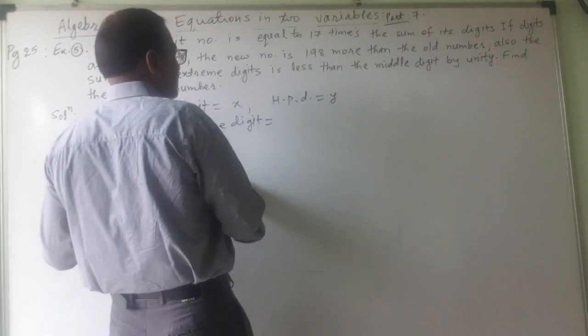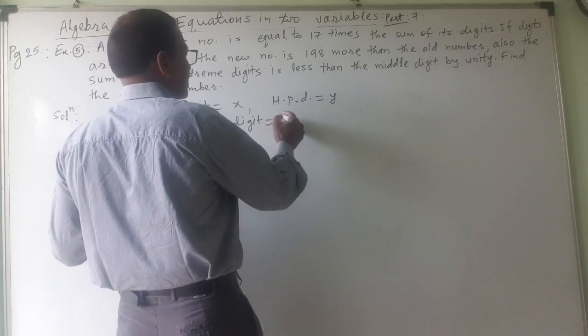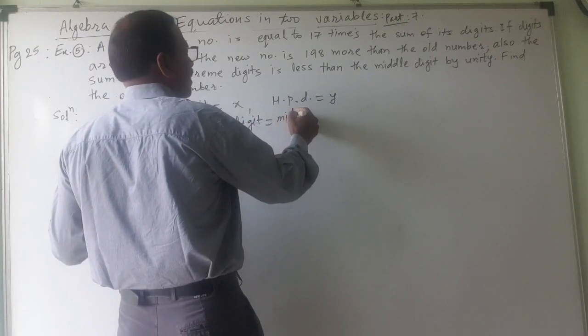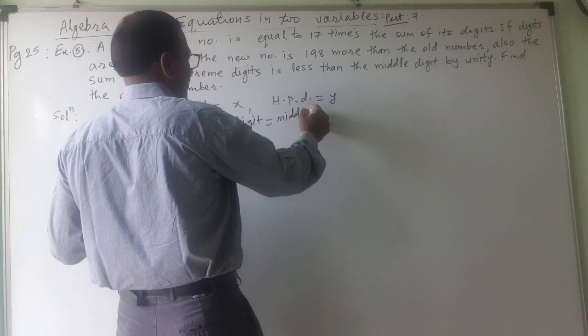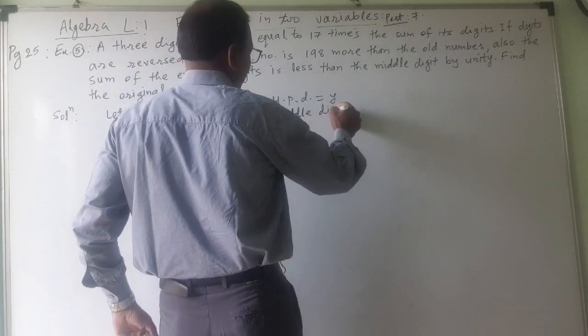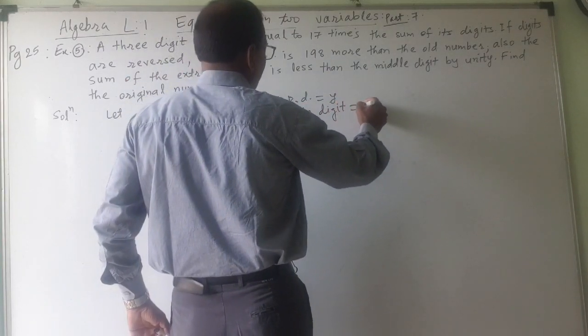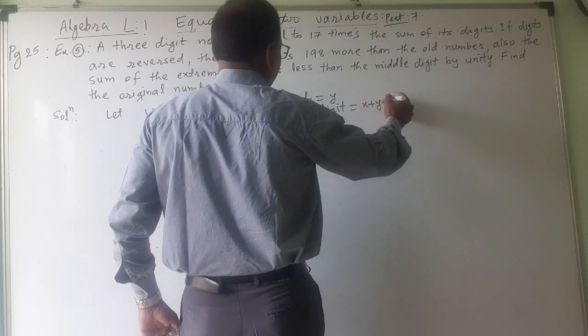That means the tens place digit, the middle digit, is equal to x plus y plus 1.